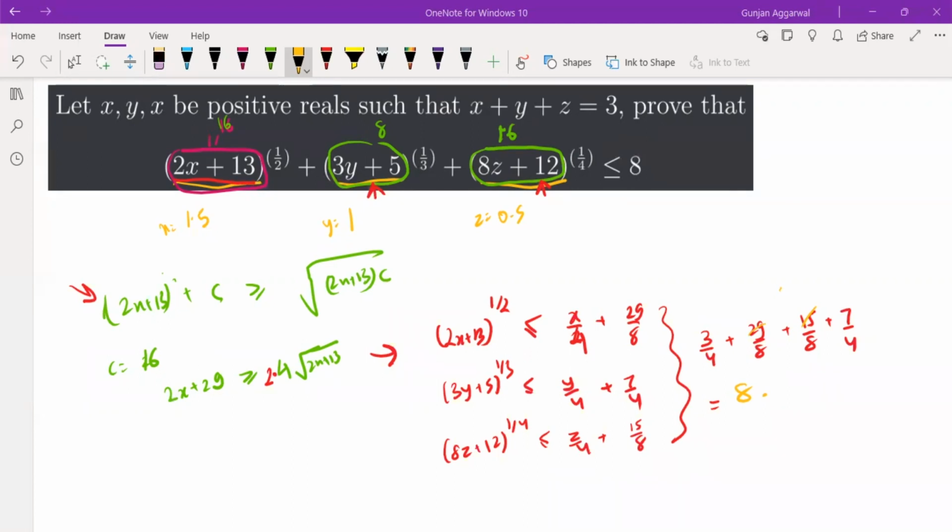I have one more problem, which is slightly easier, but who cares?